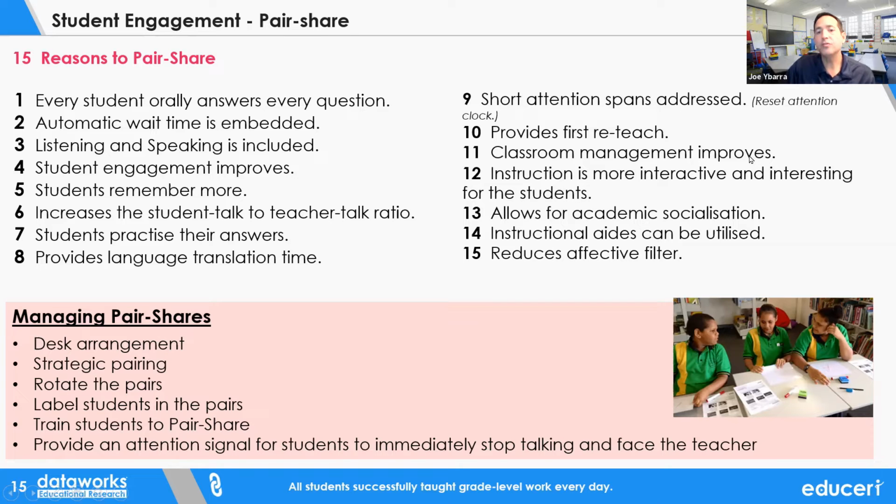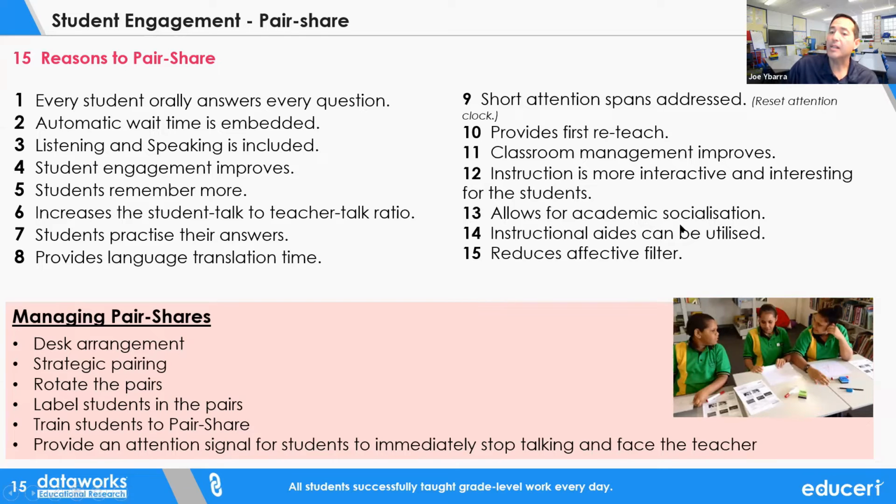Classroom management improves because it's a learning classroom environment where the students are participants. We are social beings. We want to communicate and have dialogue with one another. Instruction is more interactive and interesting for the students because they're active participants.